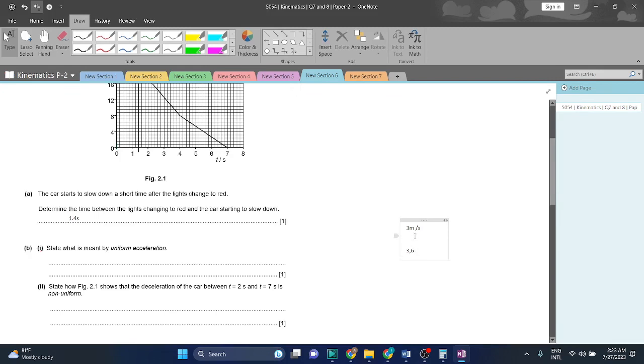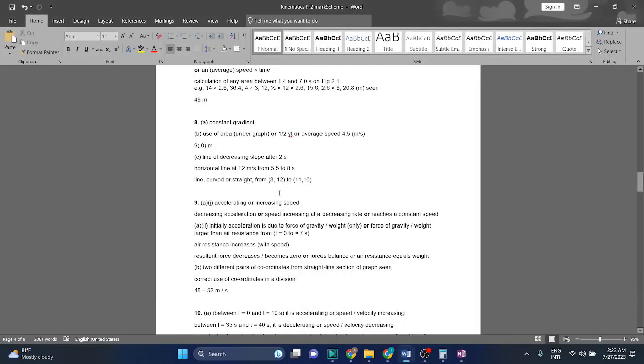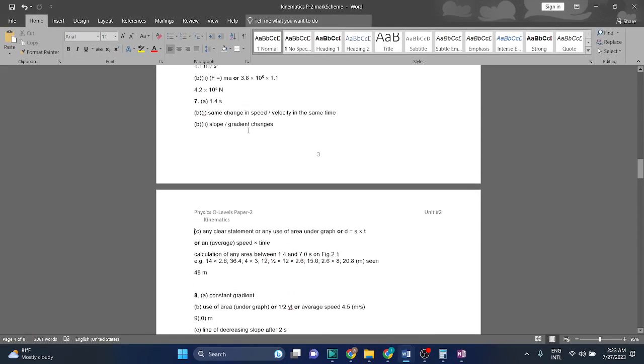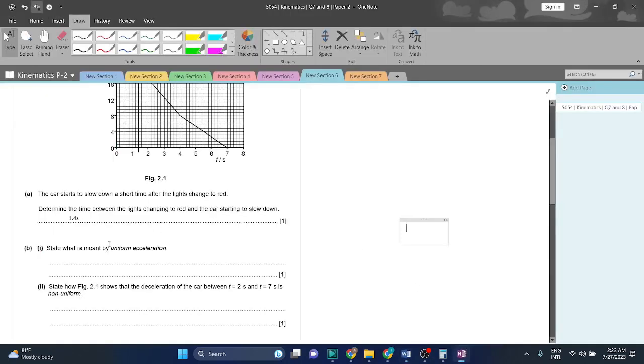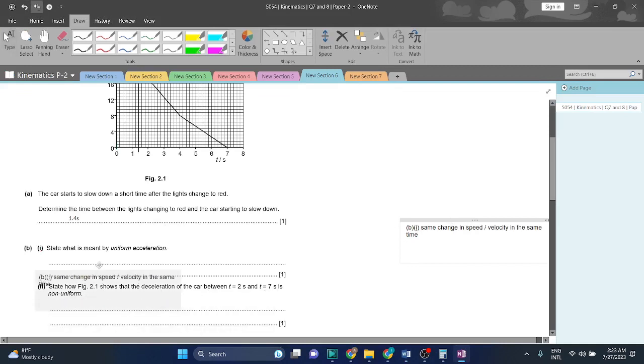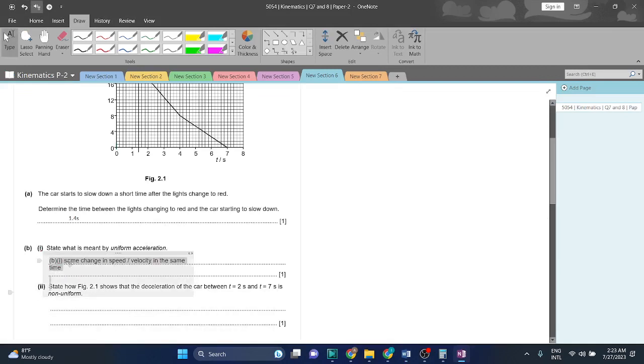It is changing at a uniform rate, the same amount in a unit time. So that would be the answer. Let's check the mark scheme for 7. It says exactly the same thing. So this is the answer to B1. Moving on.